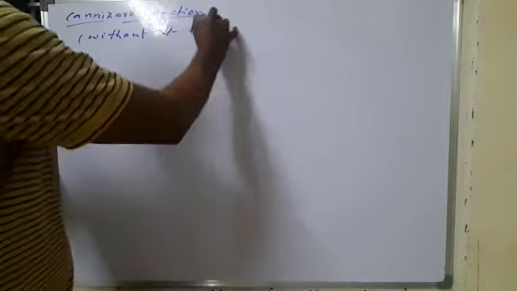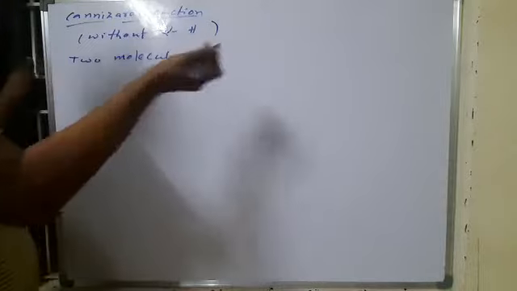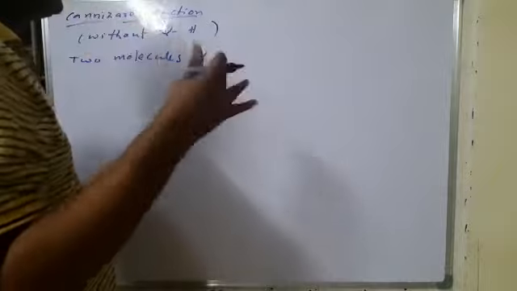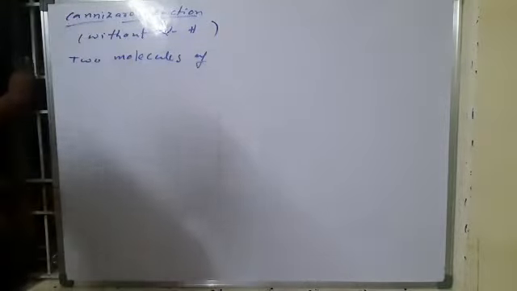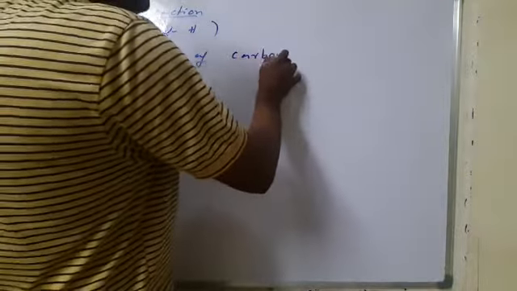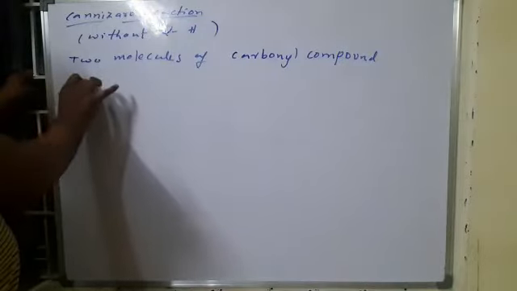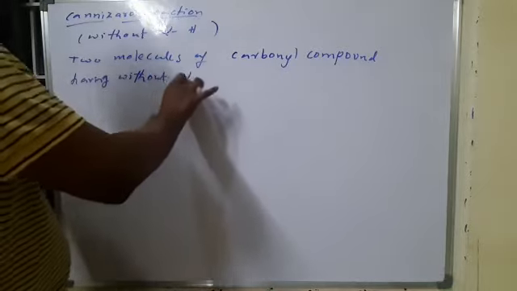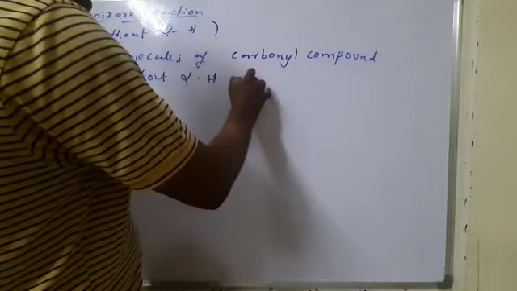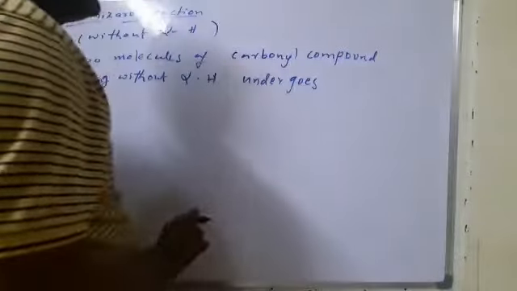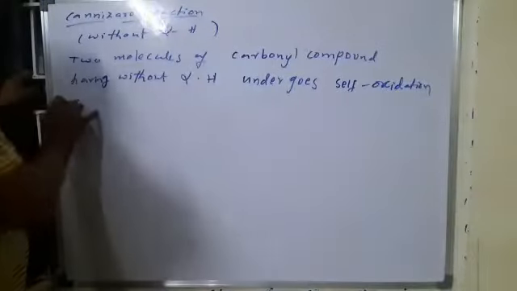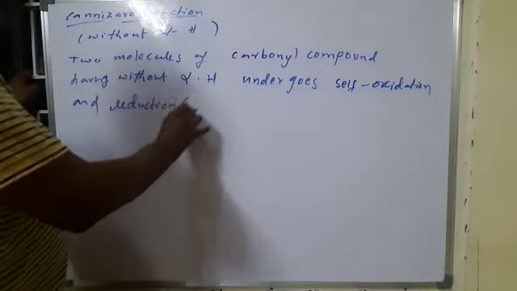Two molecules of a carbonyl compound, which may be aldehyde or ketone, aromatic or not, without alpha hydrogen, undergo self oxidation and reduction, so called disproportionation.